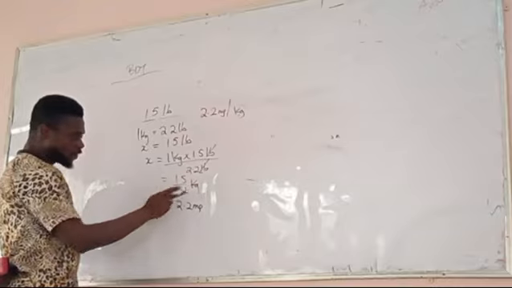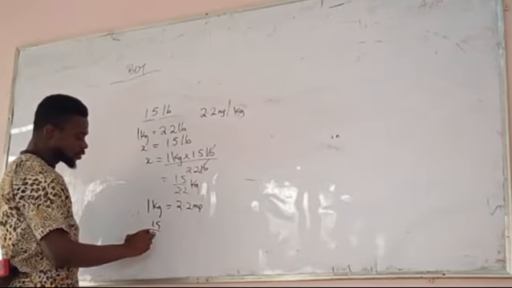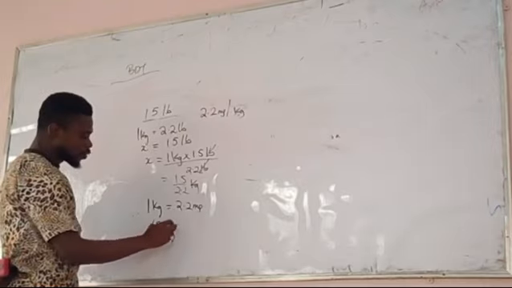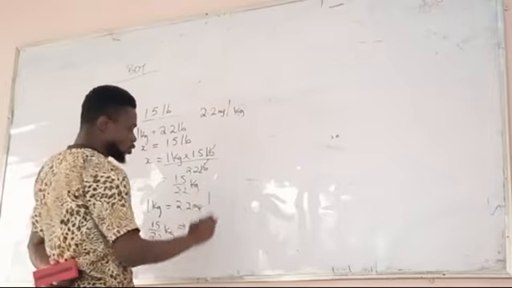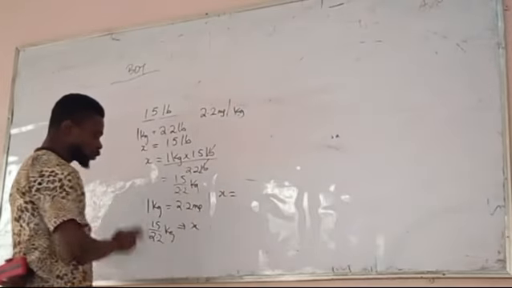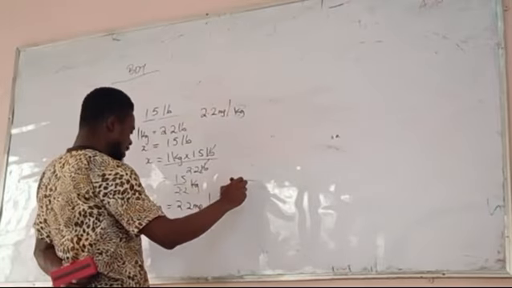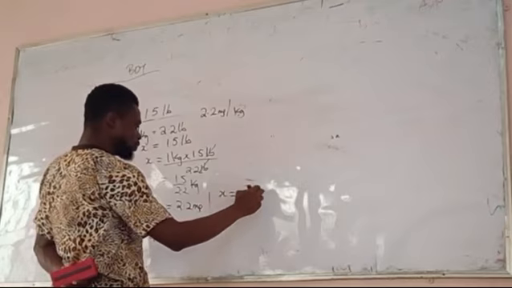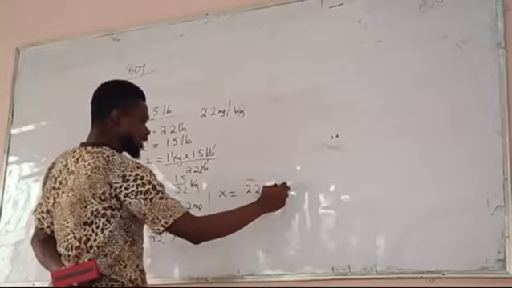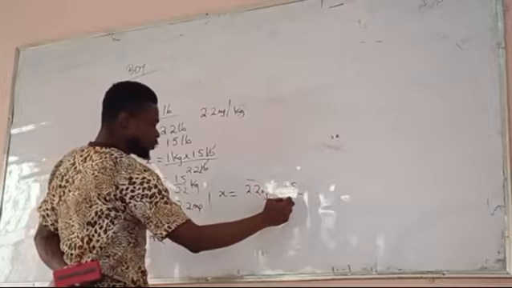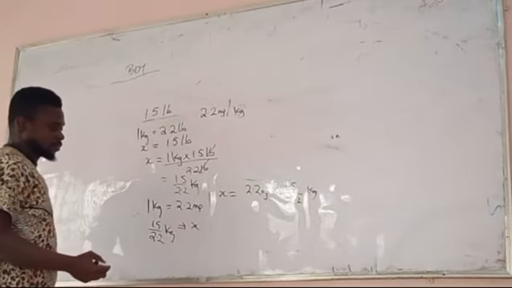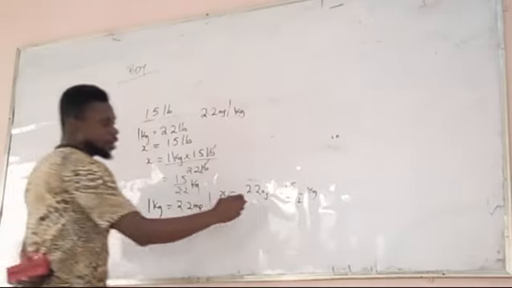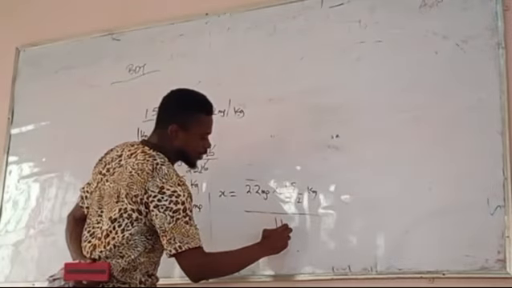Therefore, the weight of 15 over 2.2 kilograms will now require what? X, which we don't know. So X is now equal to, cross multiply again, 2.2 milligrams times 15 over 2.2 kilograms, all divided by 1 kilogram.